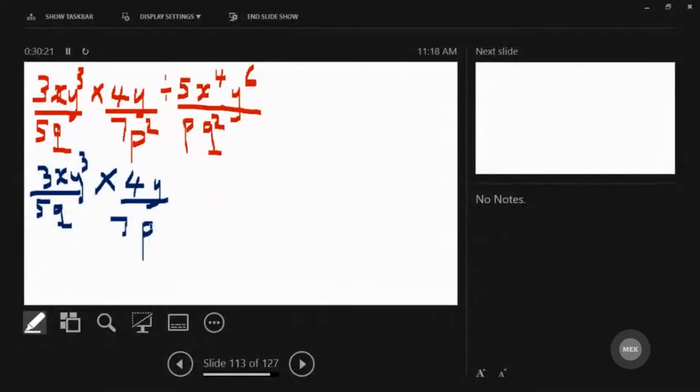The division one now, we need to change the division to multiplication, invert this fraction. So at the top, we're going to have p q squared, and at the bottom, we're going to have 5x to the fourth power y to the sixth power.